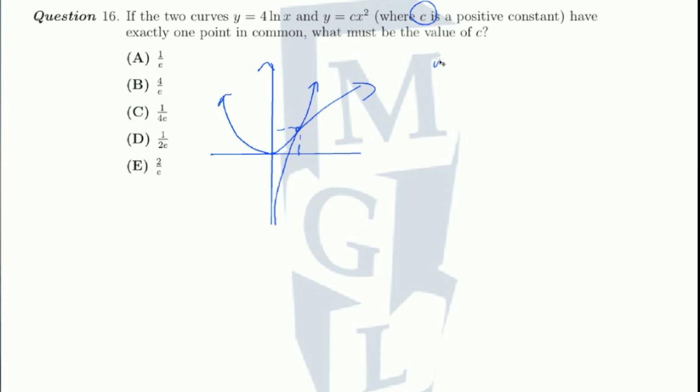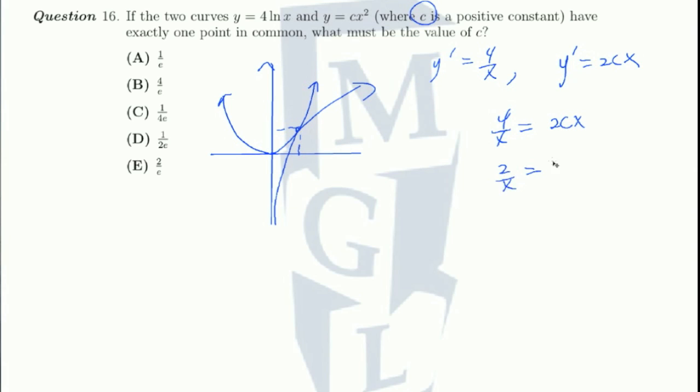So first, we can differentiate both the line graph and the parabola. And we can make them equal to each other, and solve for x to find the location of that in terms of c.